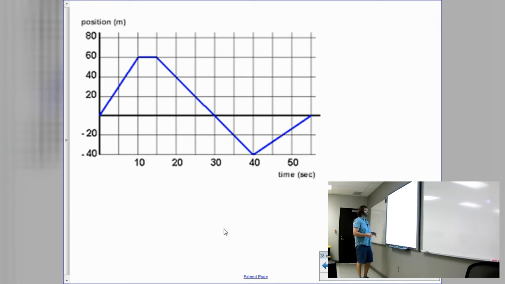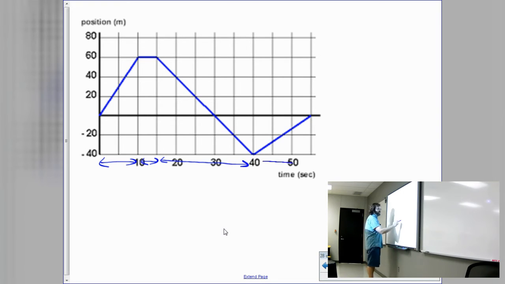We can see that there are different segments to this object's motion. From 0 to 10 seconds, it's moving differently than from 10 to 15 seconds. And then from 15 seconds to 40 seconds, again, it's moving differently. And then the last 40 to 55 seconds, again, a different type of motion.